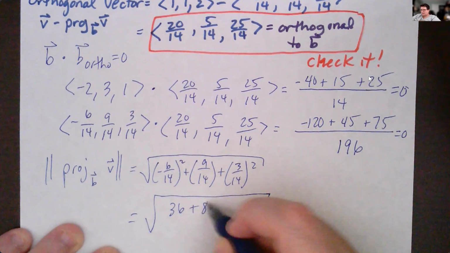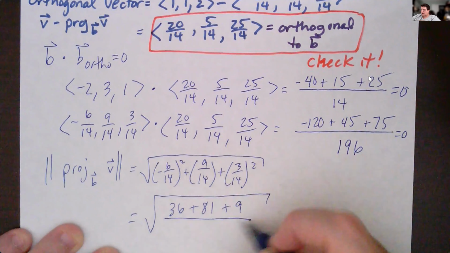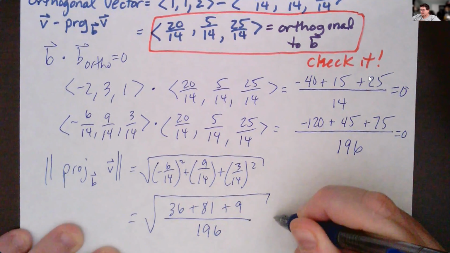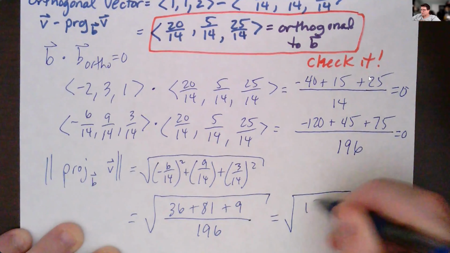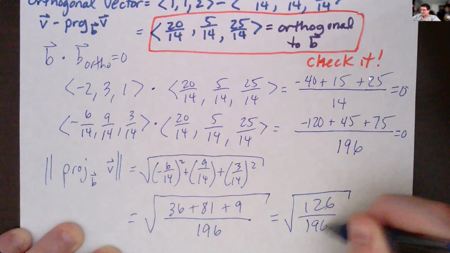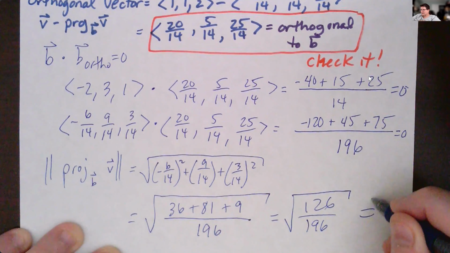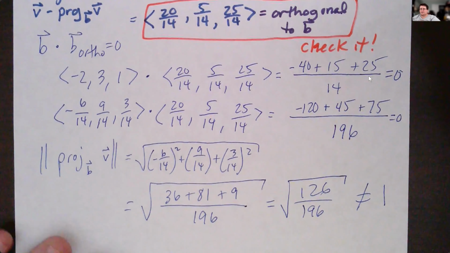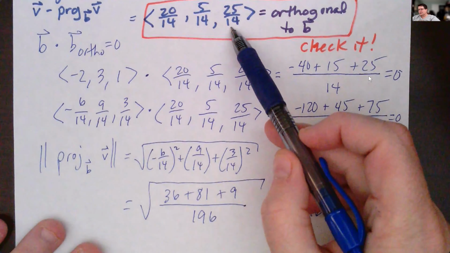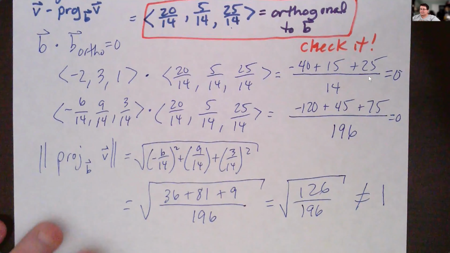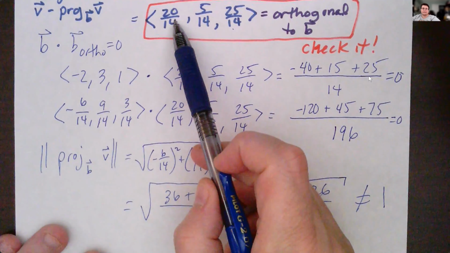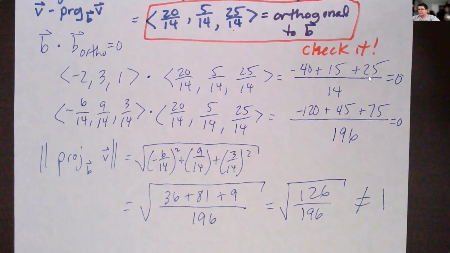That's 36 plus 81 plus 9 over 196. This is 90 plus 36. The square root of 126 over 196 is not 1. So this is not a unit vector. And you can do the same thing with this one and find out that it's not a unit vector as well. I can see right away 20 squared is 400. We're already over 196. And you add the other two, you're just getting higher.